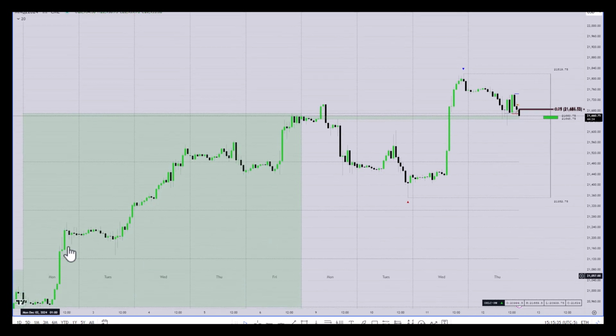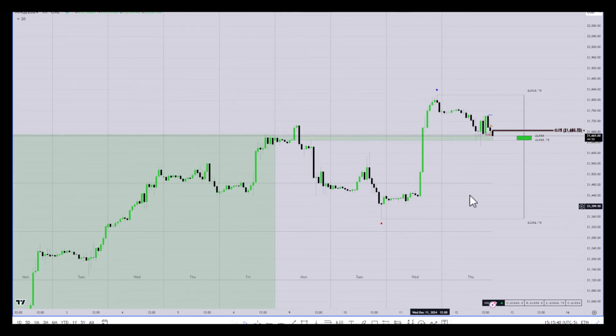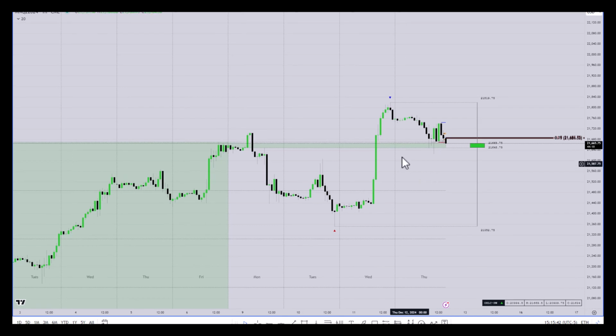Last week, this week. Wednesday high of the week. It's not even Thursday. Tuesday low, Wednesday high right now. Interesting. Very interesting.